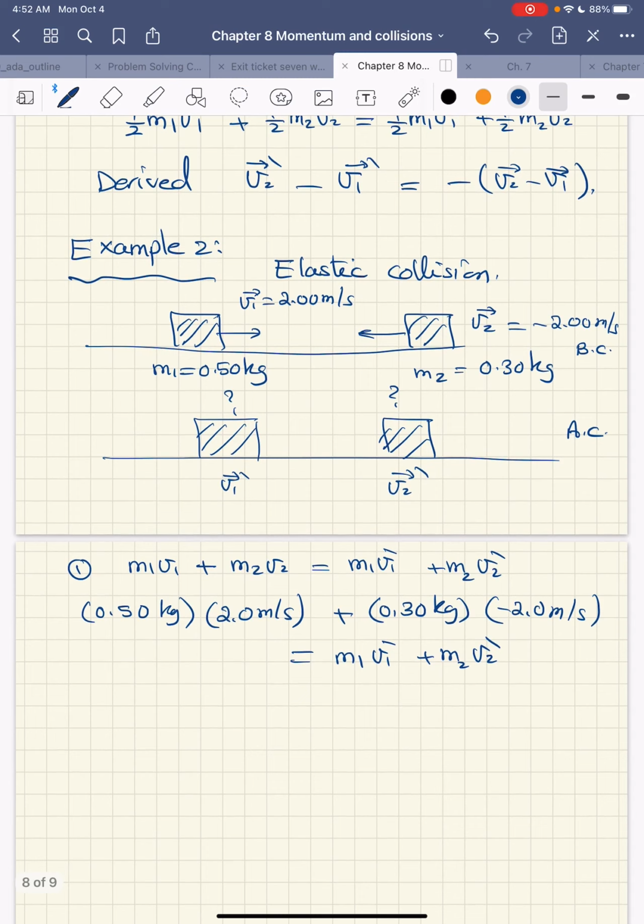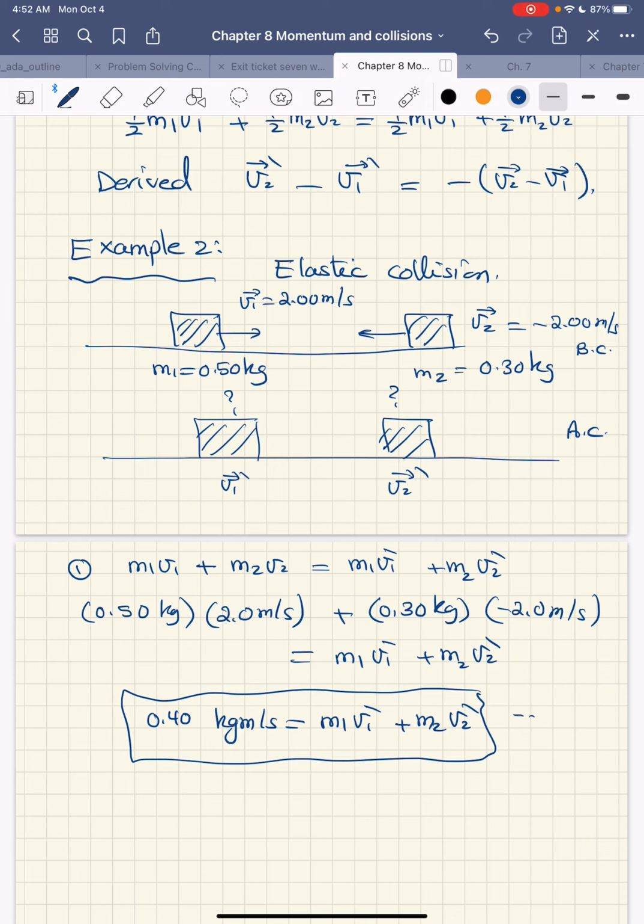As a result of this, I will get an equation 0.4 kilograms meters per second equals mass 1 V1 prime plus mass 2 V2 prime. This is my number one.